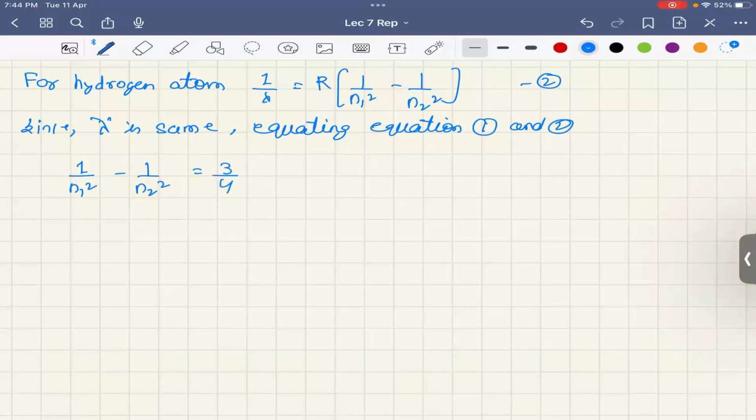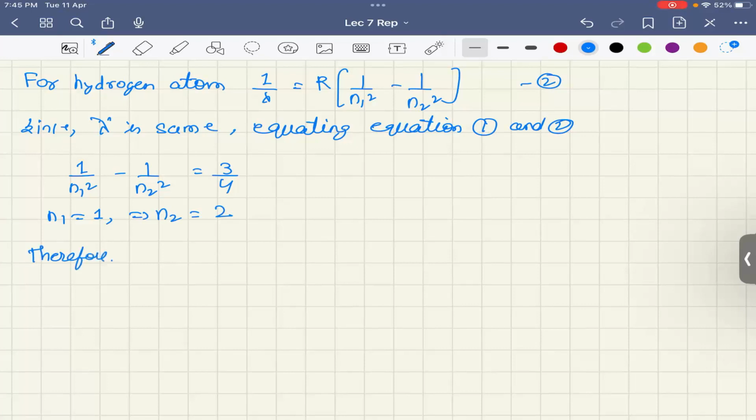Now we know that this n1 and n2 have to be integer values. So for this we put in the hit and trial, right? So we also know that it's a Balmer series, right? For hydrogen, it's going to be Balmer series. That means n1 is going to be 1. This turns out n2 is going to be 2, right?